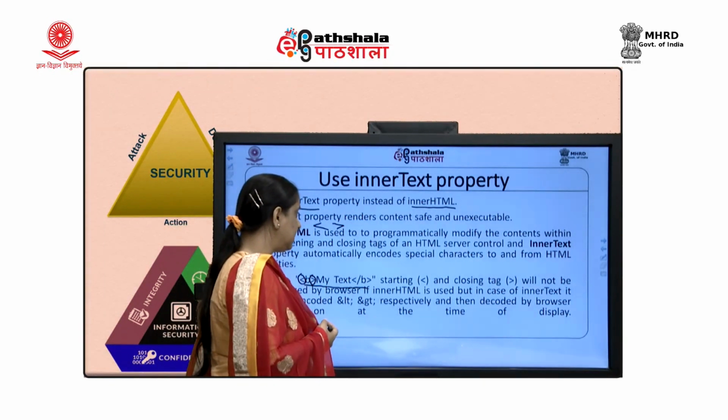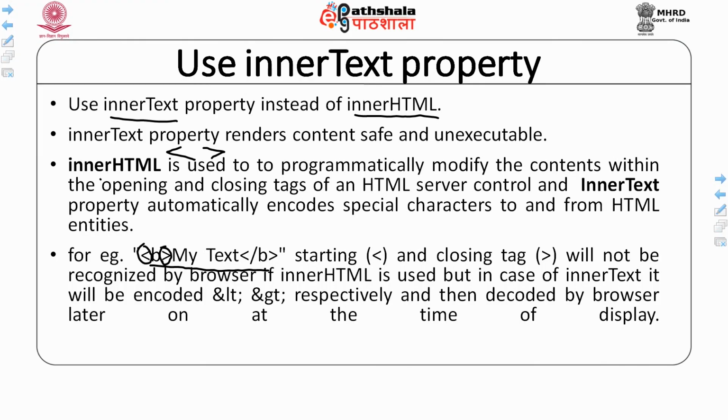If innerHTML is used, then this starting and closing tag will not be recognized, but if innerText is used, it would be encoded as ampersand LT and this would be encoded as ampersand GT.